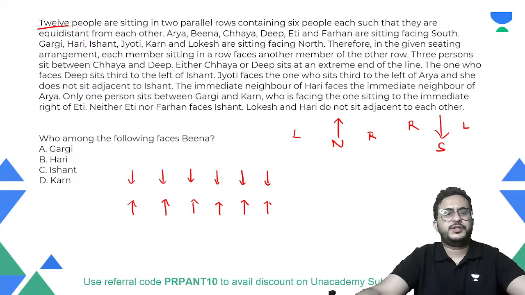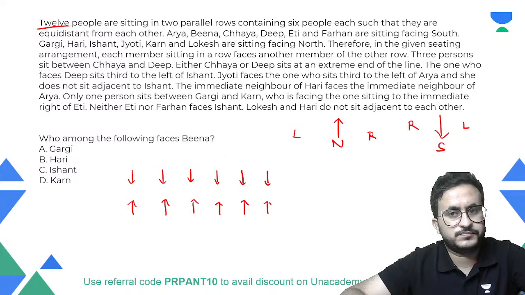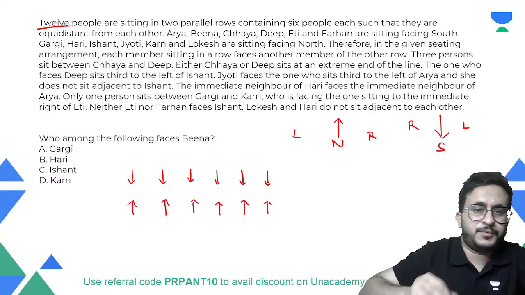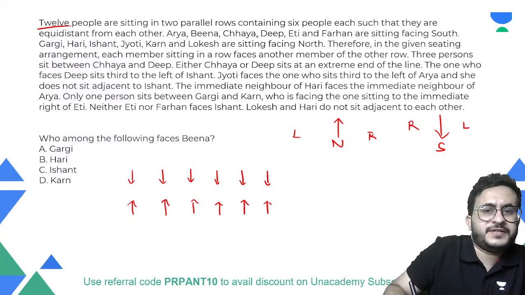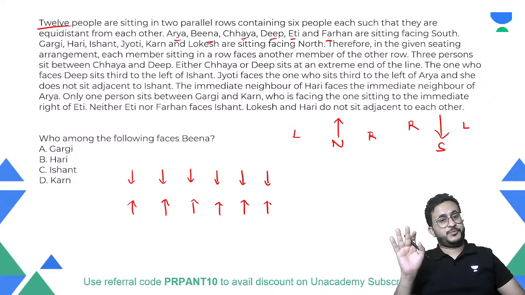But what is one good thing that you can see in this puzzle, which otherwise could be more difficult? One good thing about this puzzle is we know who is facing which direction. A, B, C, D, E, F, they are facing south, right? So we know who is facing which direction. That is not a problem.